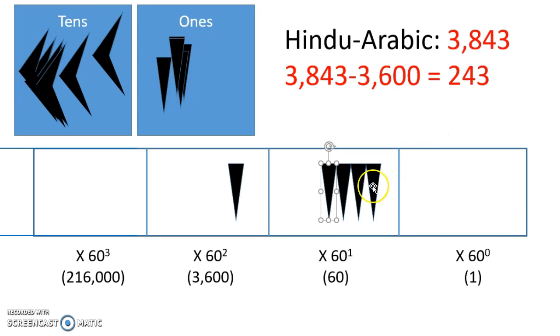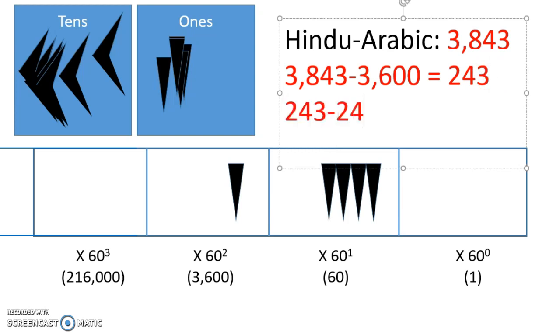If you go too low, let's say you only put 3 in here, it'll naturally take care of itself, because when you subtract, you would get a number that's still bigger than 60, so you know that you could still take some more 60s out. In our case, we took 4 of these 60s here. That would give us 240, which means of our original number, we've accounted for 3600 here, we've accounted for 240 here, but we still have 3 that we haven't represented yet.